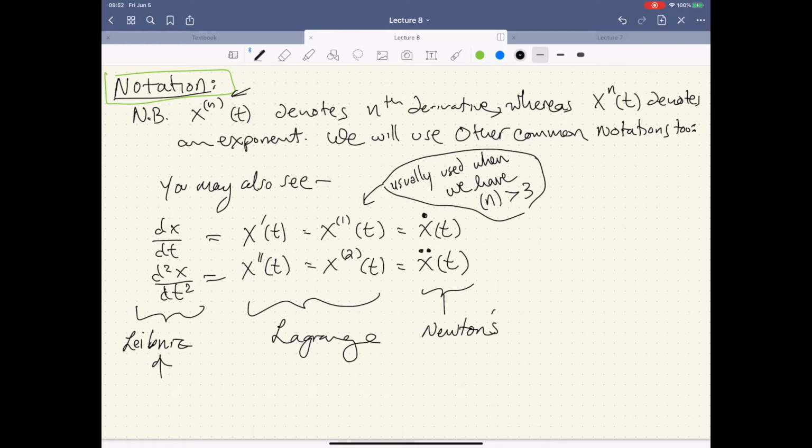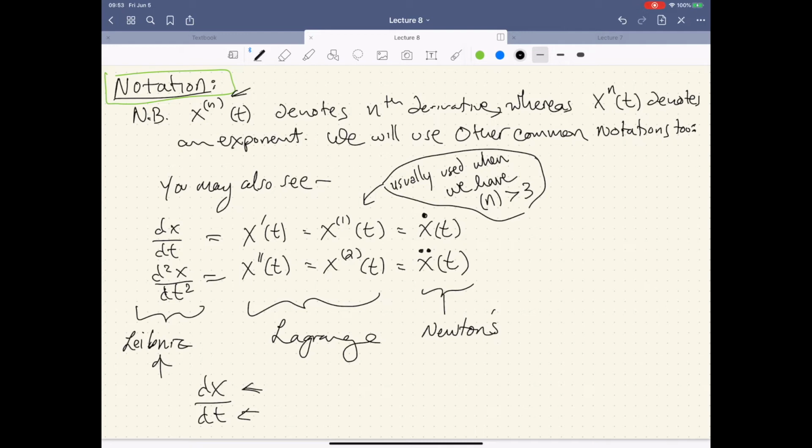Like I said, I prefer Leibniz generally, philosophically, and here's why. You can see that dx, dt, these actually represent infinitesimal changes in x over infinitesimal changes in t. So the limit idea, or the infinitesimal idea, is inherent in the notation for Leibniz. So anyway, that's your math minute.